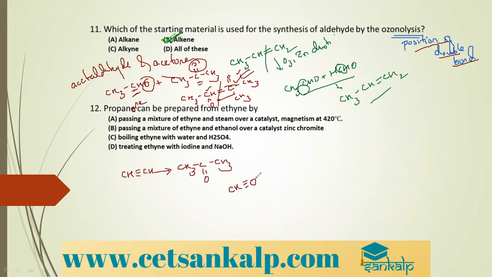When ethine is subjected to hydrolysis at 420 degrees Celsius in presence of magnesium, or you can take zinc vanadate. So magnesium I take. You can either go for magnesium or zinc vanadate, because we have frequently come across magnesium.